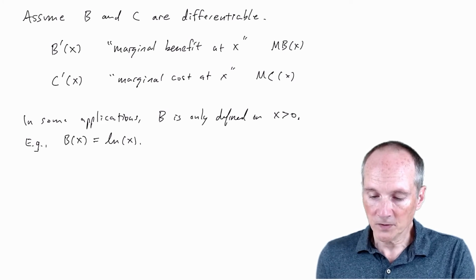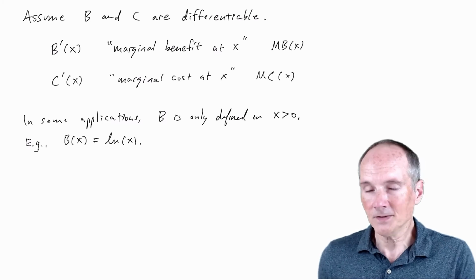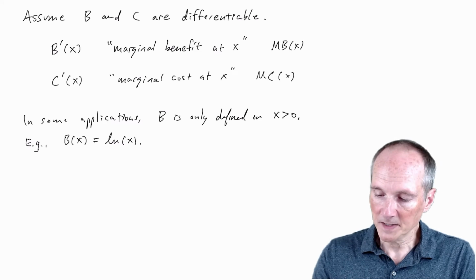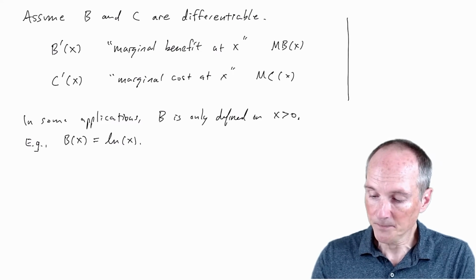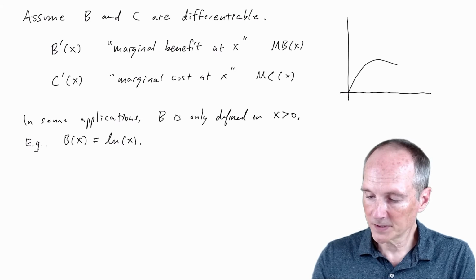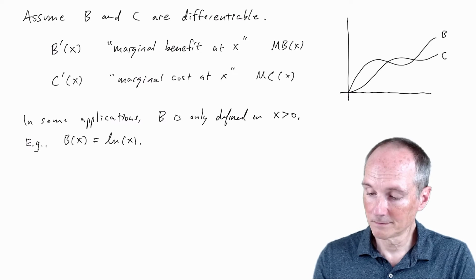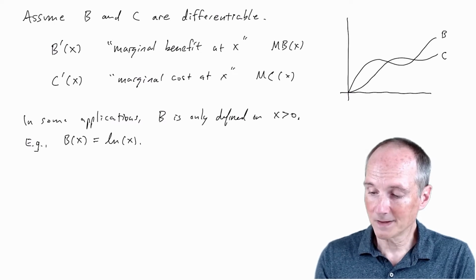So now that we've assumed that these functions are differentiable, it's still not quite enough structure, because this would still allow a benefit function that looked like this, for example, and a cost function that looked like this. And these are kind of weird functions.